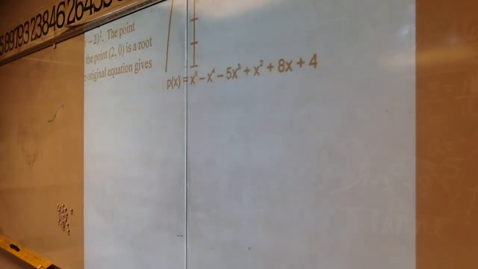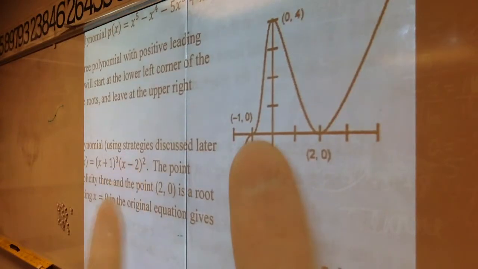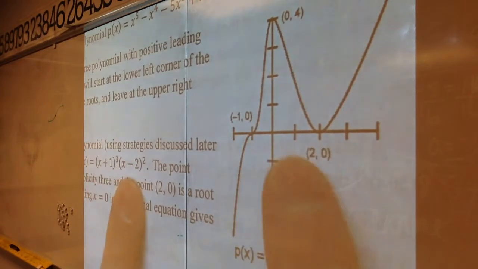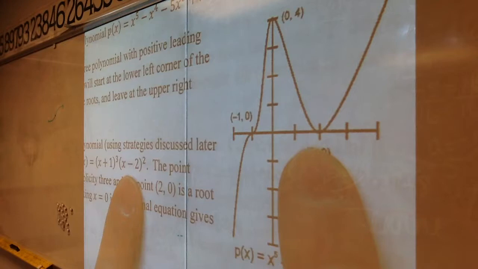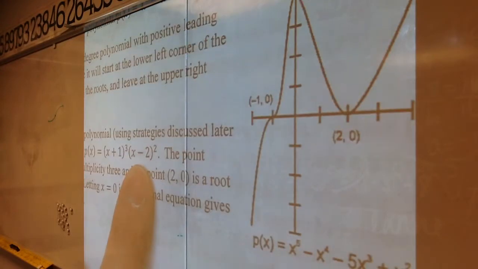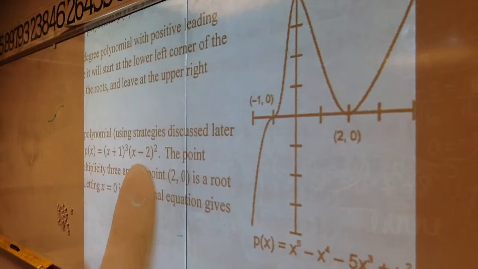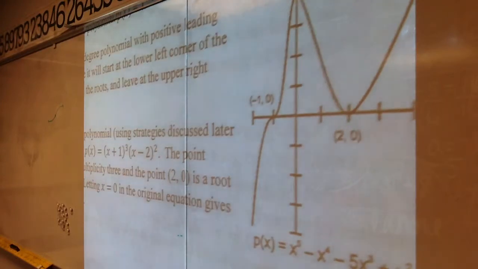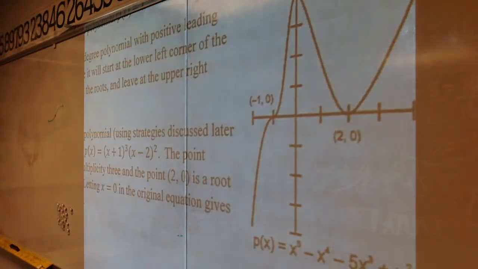Let's see if they get one right over here. Oh, they multiplied it out. Oh yeah, this one's actually correct. X plus 1 to the third, x minus 2 to the squared. But what would the y-intercept be?